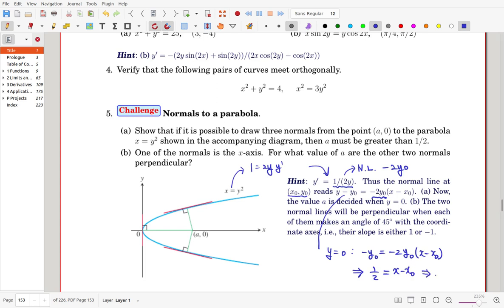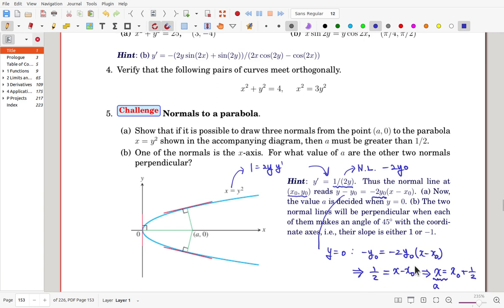That means x equals x0 plus half, and this x value will be a.